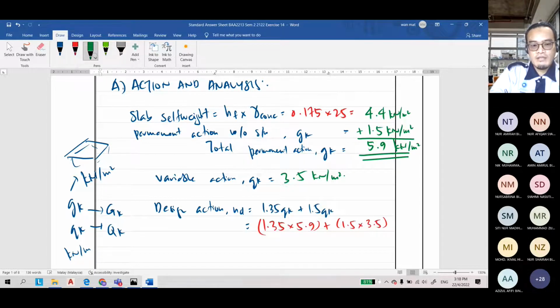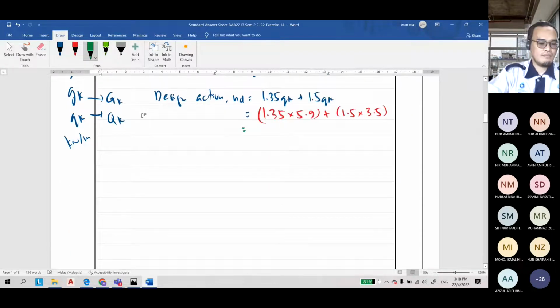Any answer for this? 13.215. Make it 13.22 kilonewton per meter square.